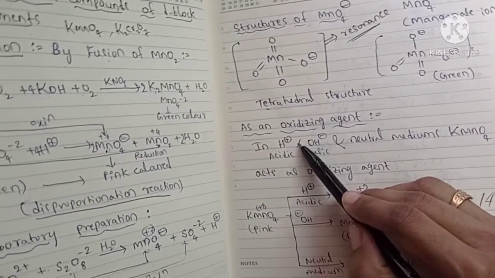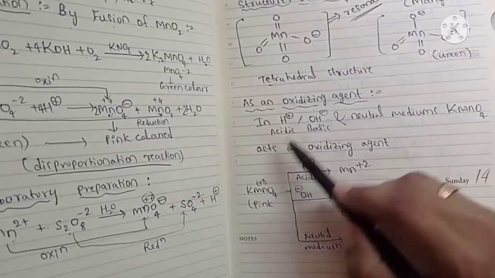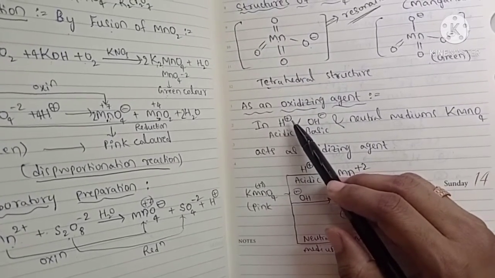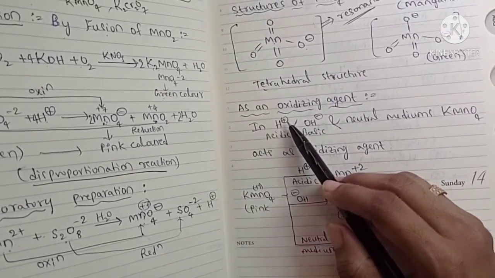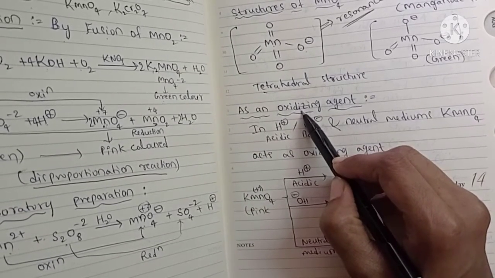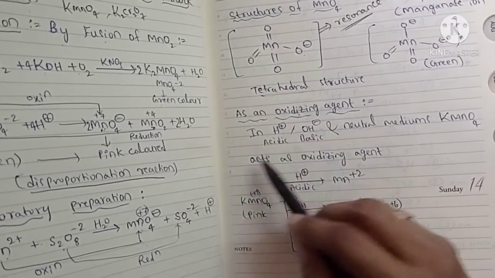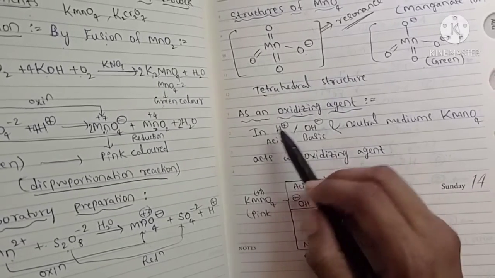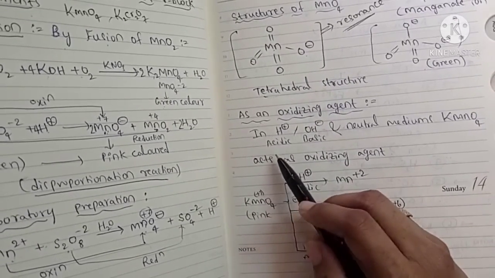And next, the chemical properties of potassium permanganate. KMnO4 is a good oxidizing agent. Let us see the oxidation reactions of KMnO4.